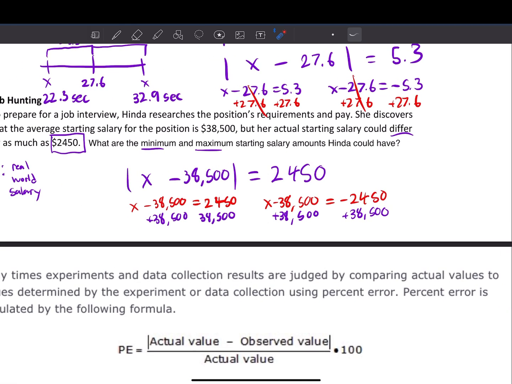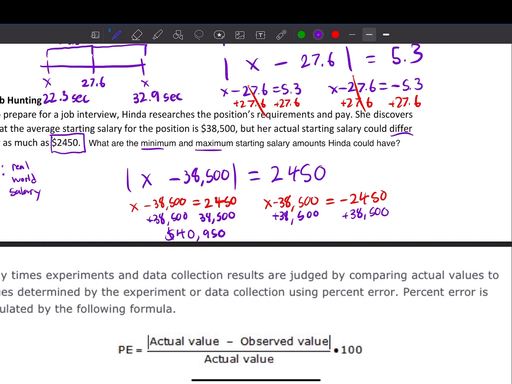So what do we get? What's the max she could get paid? The min she could get paid? 38,500 plus 2,450 is $40,950. That's the maximum she could get paid. What happens when I subtract 2,450?